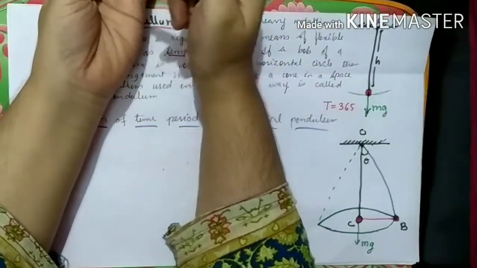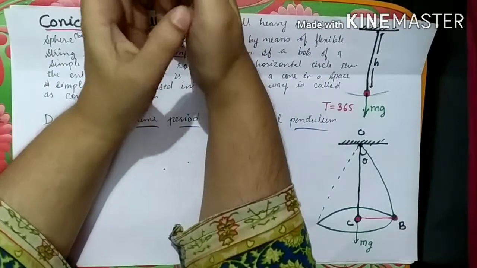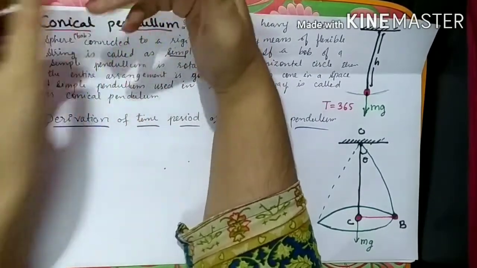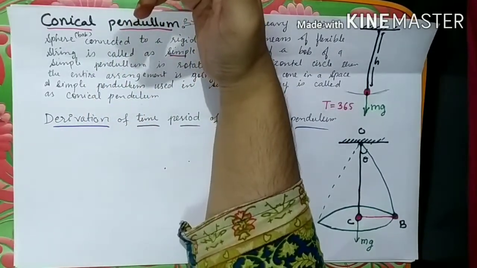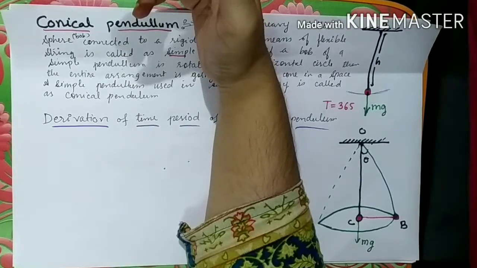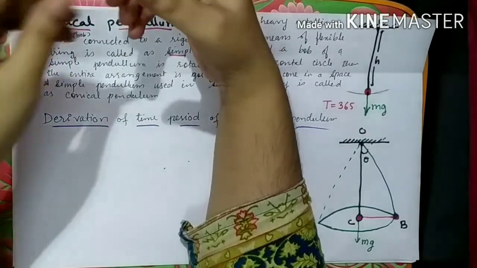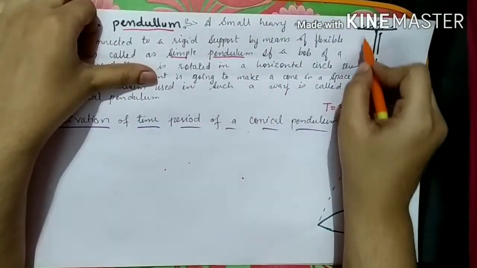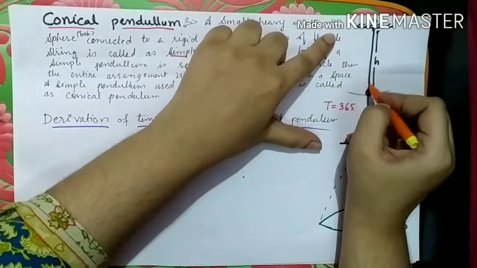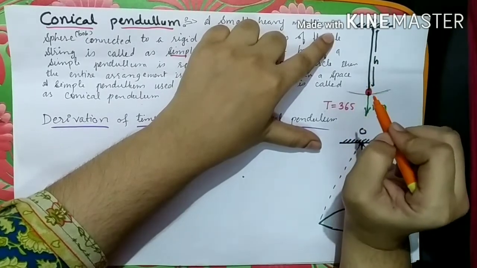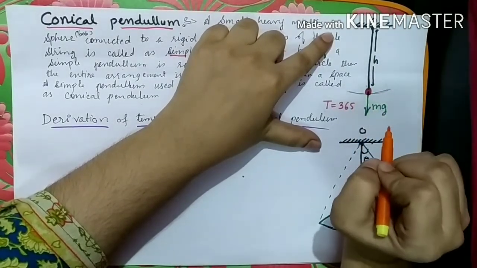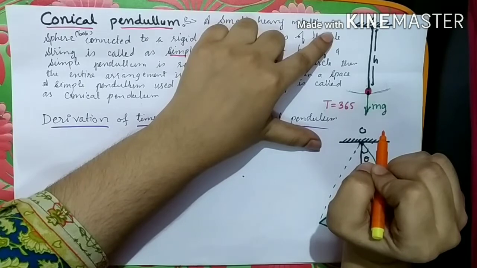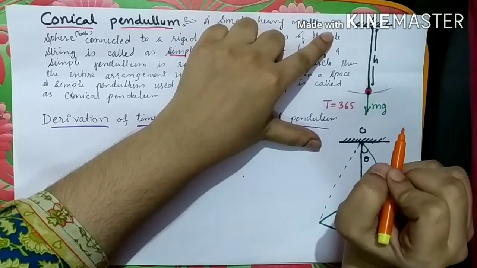Now the question arises here, if one force is acting on the bob, then why is the bob not moving in the direction of the force? Because this bob is connected with this string. So that is why the bob is not moving in the direction of force.